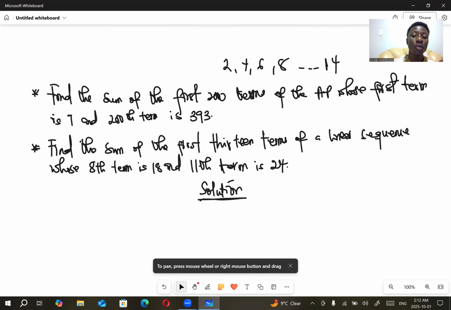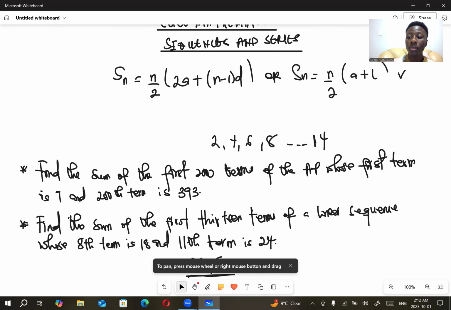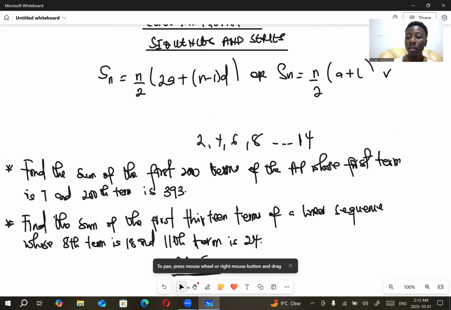What formula will you use and why? What formula? A or B? B refers to the next one, A the first one. You said B. And why?